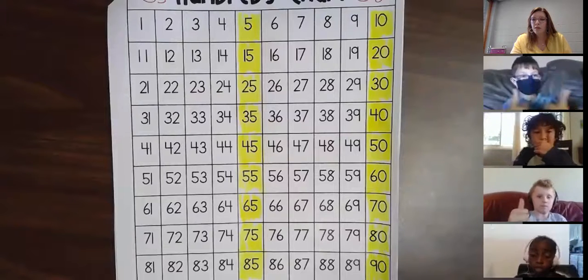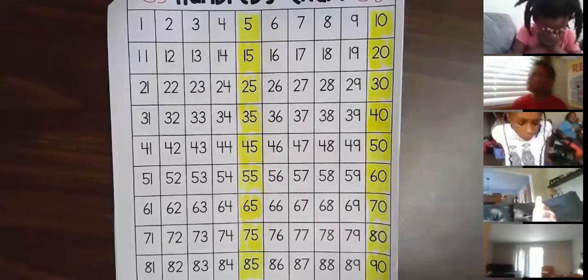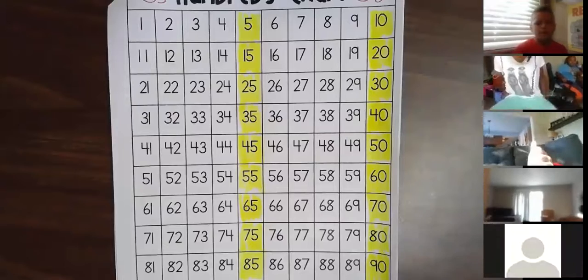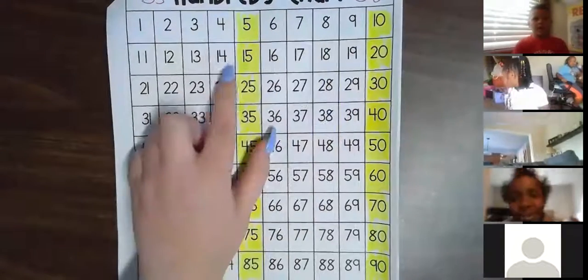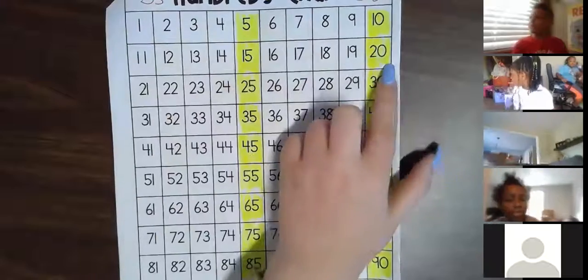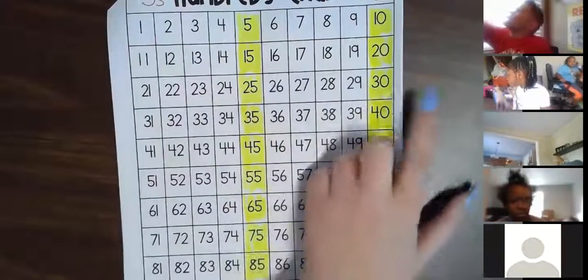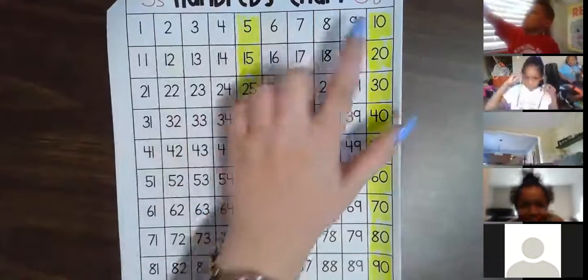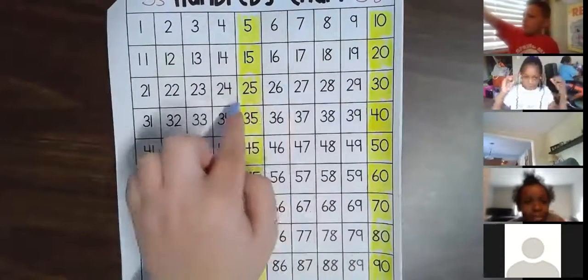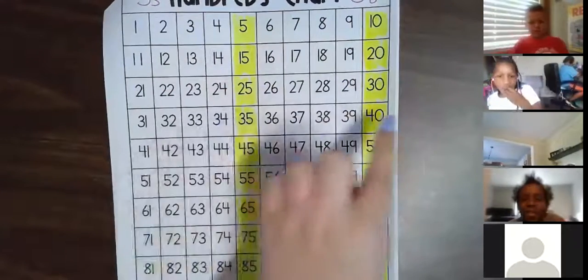Okay, awesome. All right, that is true. When I count by 5s, all of my numbers end in 5 or 0, and I can go through and look at all of that. Okay, also when I'm counting, these highlighted numbers are called multiples, remember?